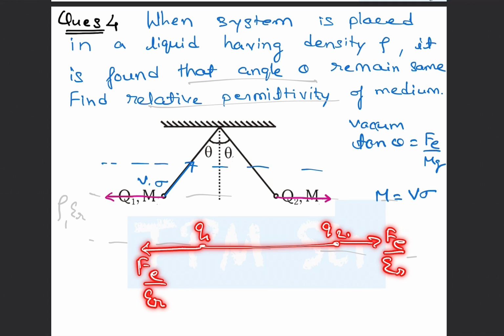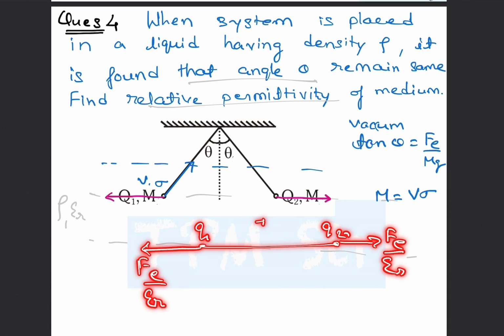If we have now placed both charges in a medium, and the medium is infinitely large, having relative permittivity epsilon r, then the net force acting on the particle decreases. One more point: the force that Q1 applies on Q2 does not change. It remains Fe only.